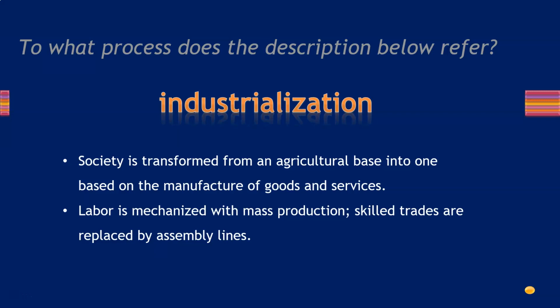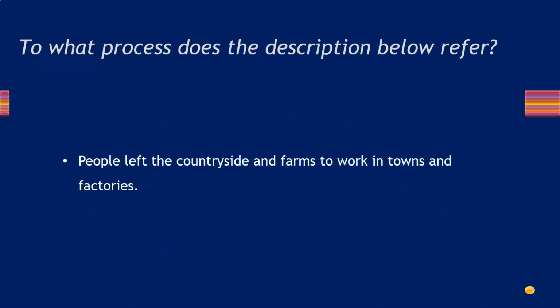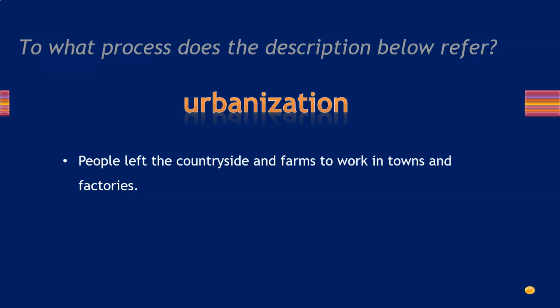Did you say industrialization? To what process does this description below refer? People left the countryside and farms to work in towns and factories. Urbanization. Okay, urban meaning city.